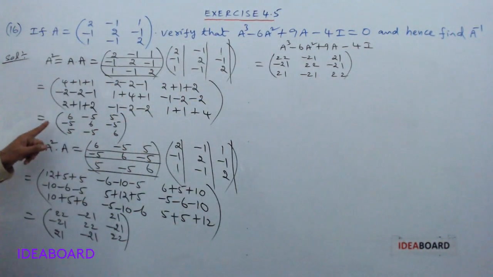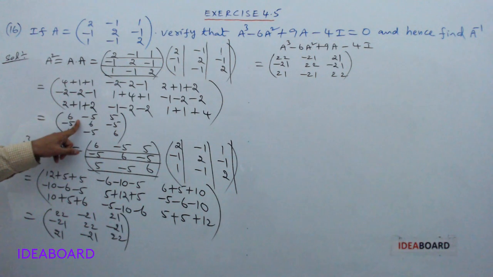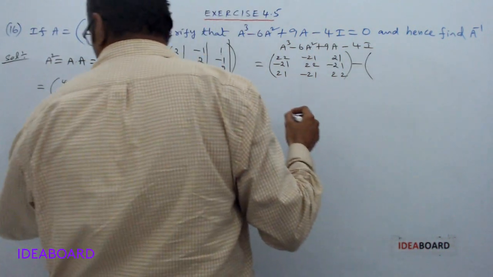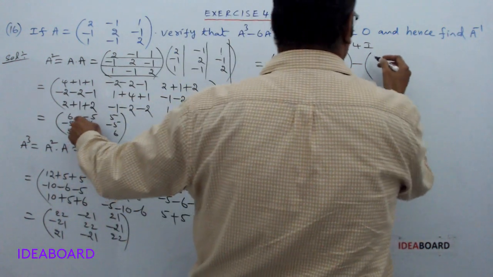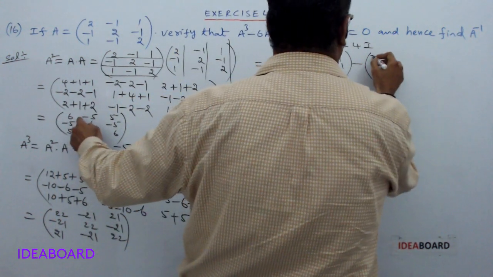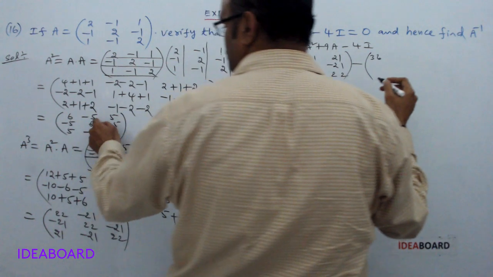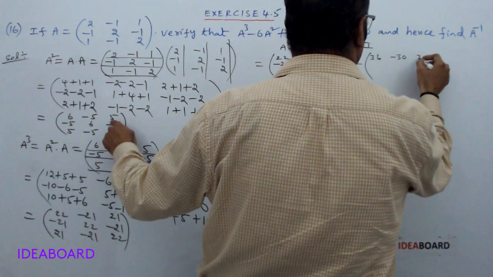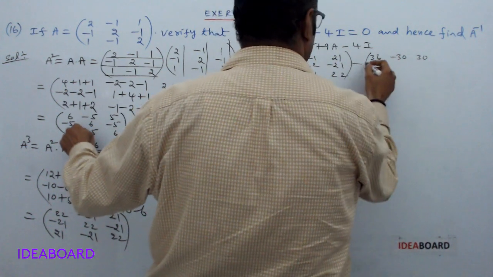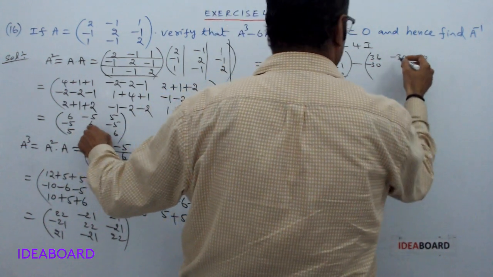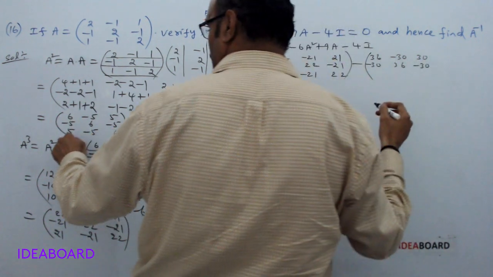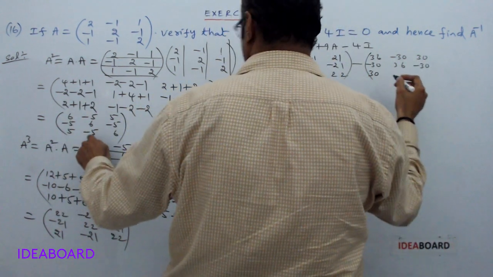Minus 6A square, minus 6 into A square, multiply A square with 6. 6 into 6 is 36. Minus 6 into minus 5 is minus 30 in the negated sense, that is 6 into 5 is 30, minus 30, 36, minus 30, 30, minus 30, 36.